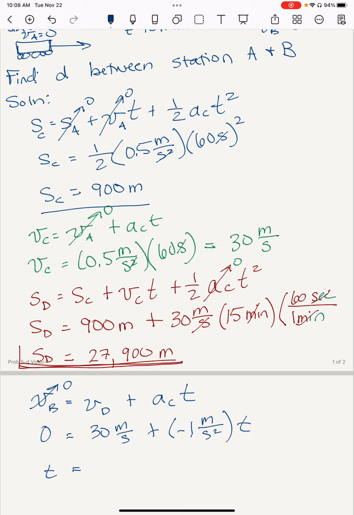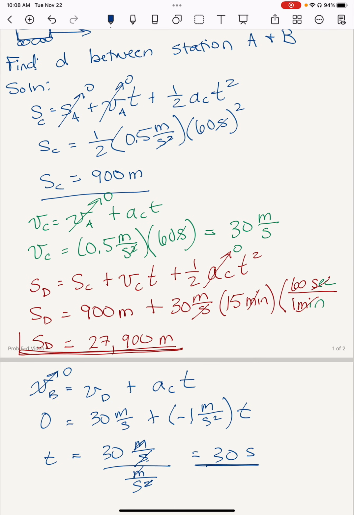So the time equals 30 meters per second divided by 1 meters per second squared. The meters cancel out, and one of those seconds cancels out, so we get 30 seconds. So that's the time from D to B.